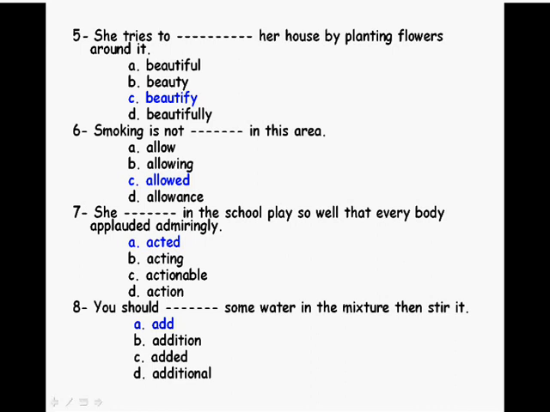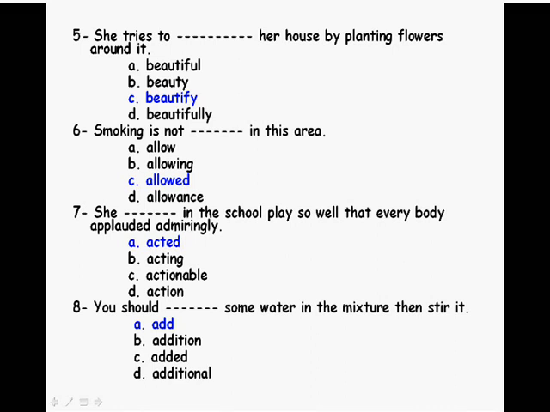Let's look again at the sentences from the beginning. We have number 5. She tries to beautify her house by planting flowers around it. 6. Smoking is not allowed in this area. 7.